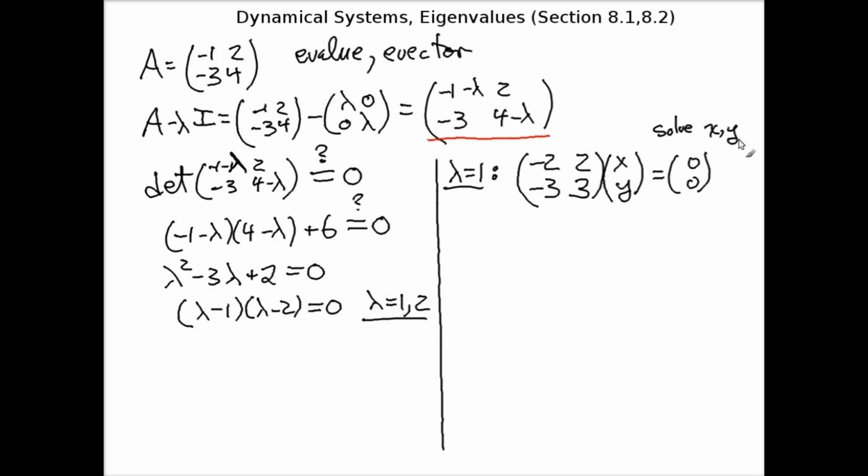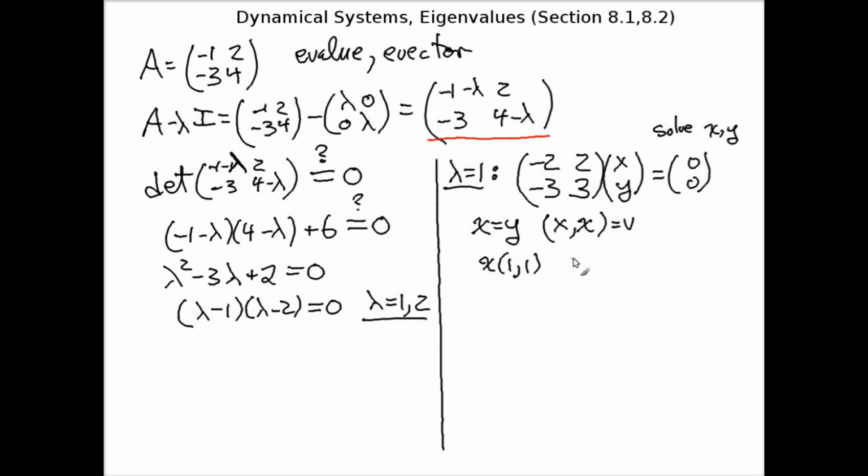Well, you can just stare at it and you can see that the answer is x is equal to y. In other words, the vector is xx. And of course, this is all multiples of the vector 1, 1.